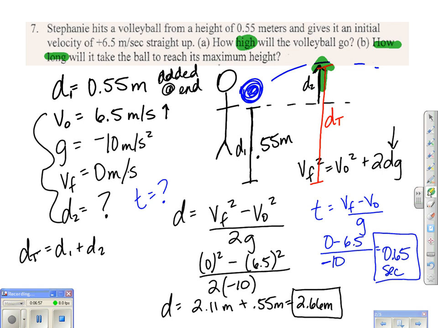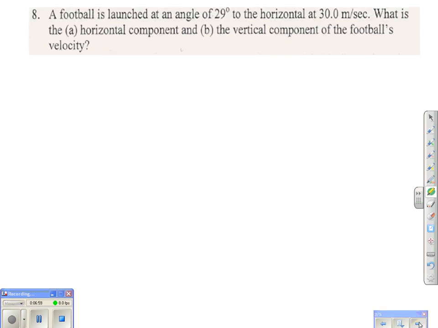Okay, so moving on. Number 8 is where we really get into talking about vectors, because up until this point it's been primarily a review of motion and trig and things like that. So number 8 says that a football is launched at an angle of 29 degrees to the horizontal at 30 meters per second.